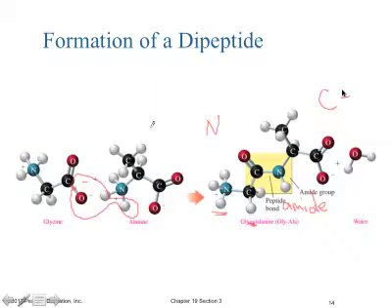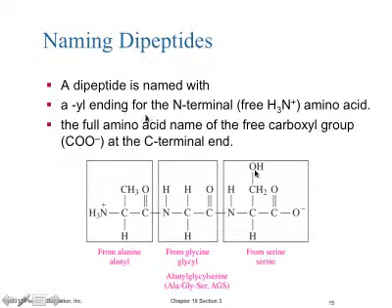This is true no matter how many amino acids you've got in between. So, -yl ending for the N-terminal one on the left, and then the full name for the other end.